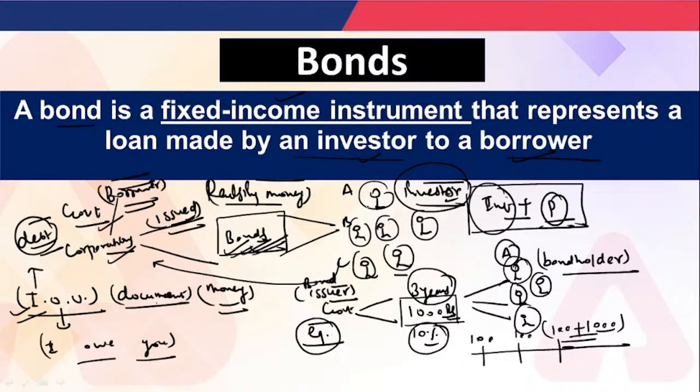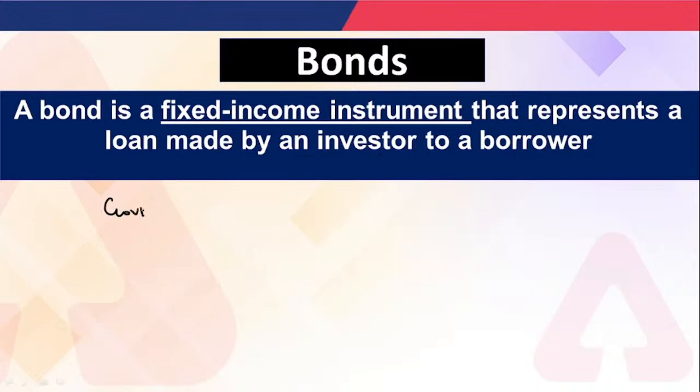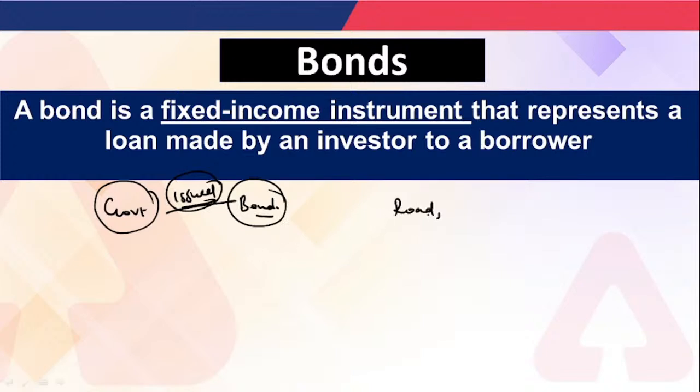If I'm talking about the government, why does the government need to issue a bond? It may happen that the government needs to fund road infrastructure, school infrastructure, dams, etc. That's why the government issues bonds.